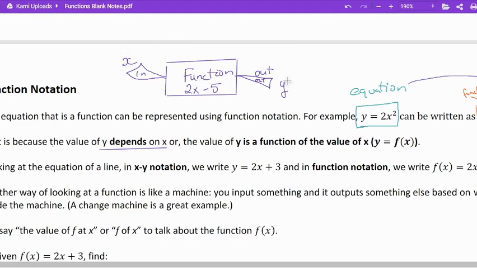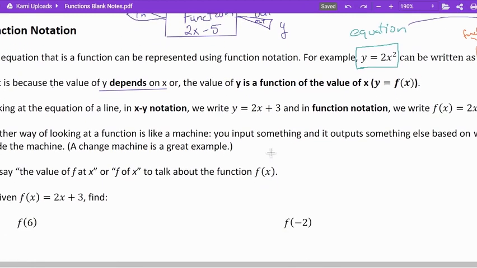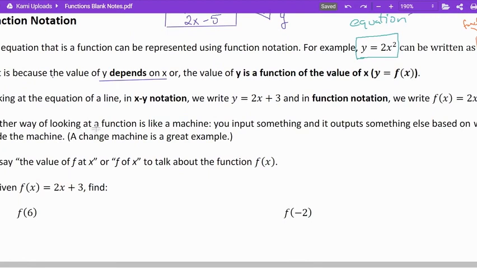So we're saying y, the output, is a result of or is a function of x. Lots of words. Another way of looking at it is like a machine. You input something and it outputs something else based on what goes on inside the machine.